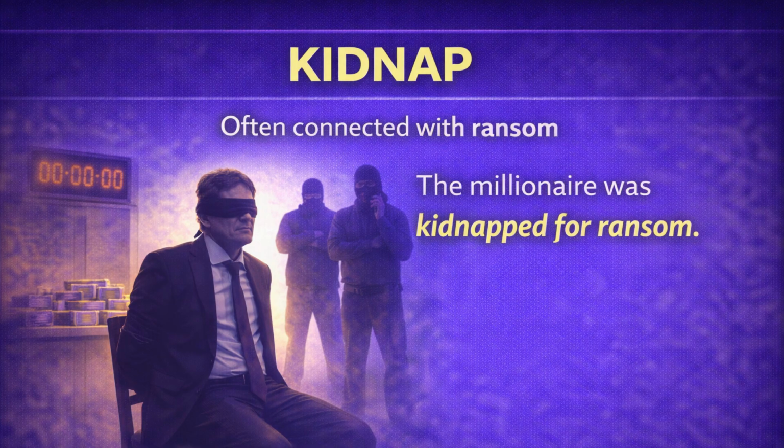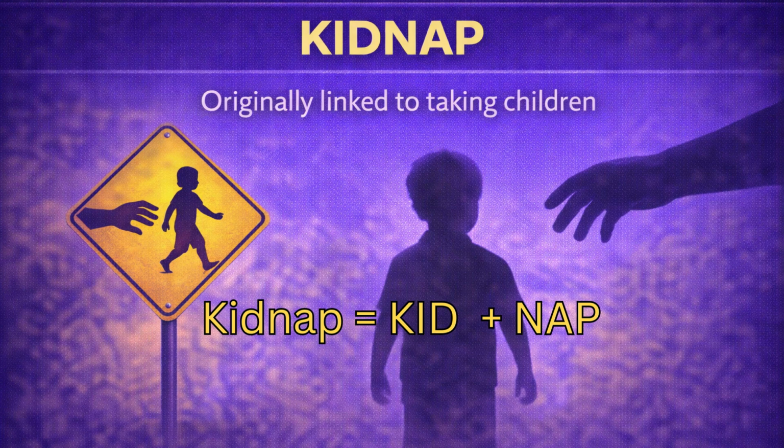For example, the millionaire was kidnapped for ransom. This means the millionaire was taken to get money. The interesting thing is that the word kidnap is made of two old words: kid, meaning a child, and nap, which meant to snatch or grab in Old English.